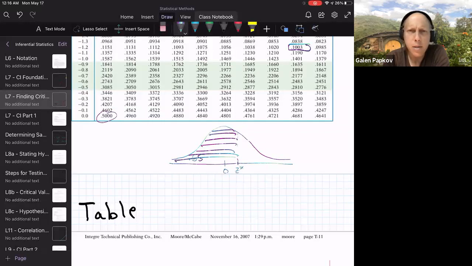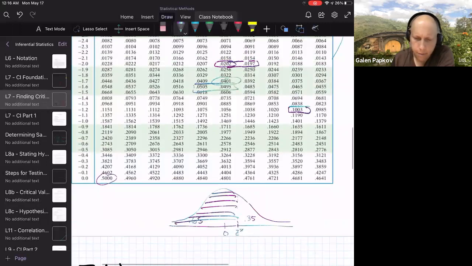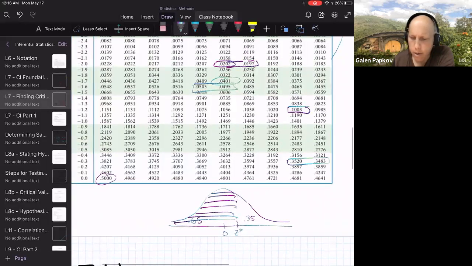So we can't find 0.65 in the table, but the complement, 0.35, we can. And if we look for 0.35, or the closest value to it, you should find that it is almost perfectly between these two values here in the bottom right. So that's negative 0.38 and negative 0.39.